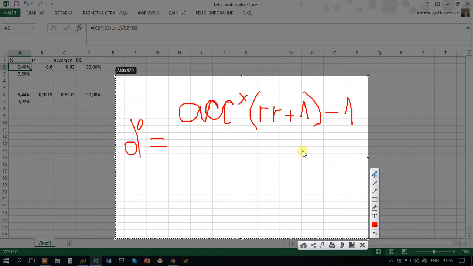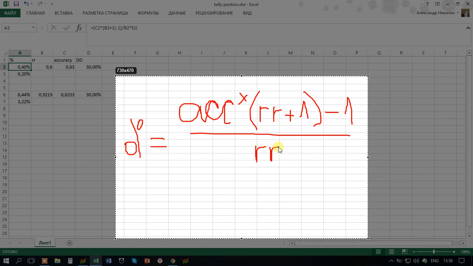And after that you should divide this by your risk to reward. So this is the formula. It will tell you how much you are going to risk in one trade, but it is the full potential of your strategy.